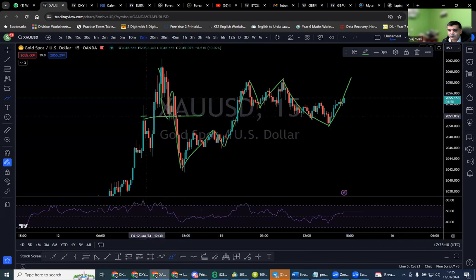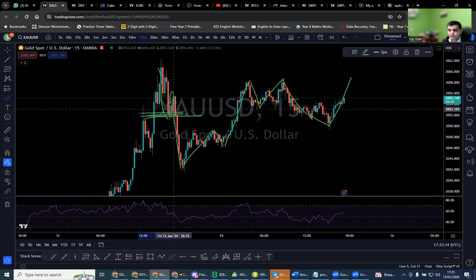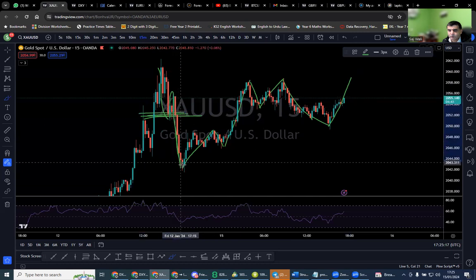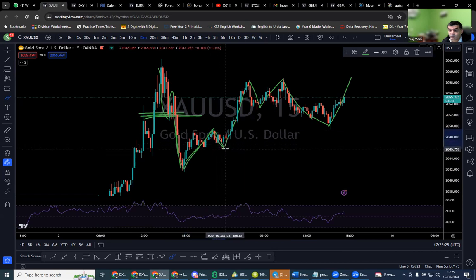So this structure was broken, and was first move, second move, and third move.